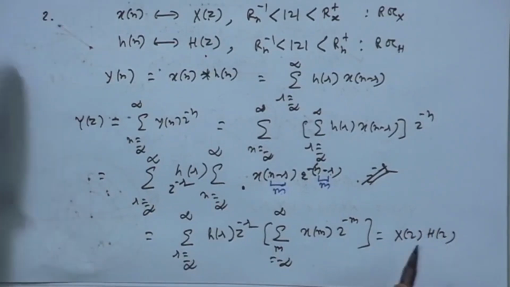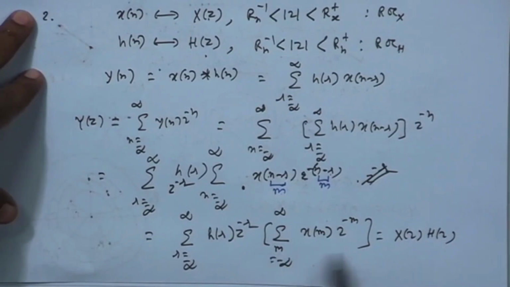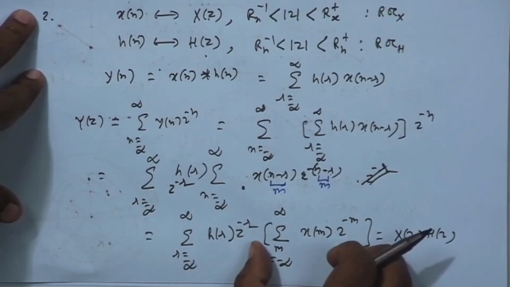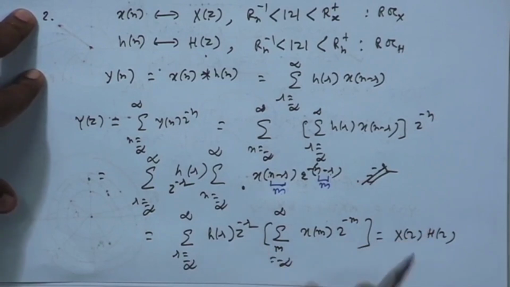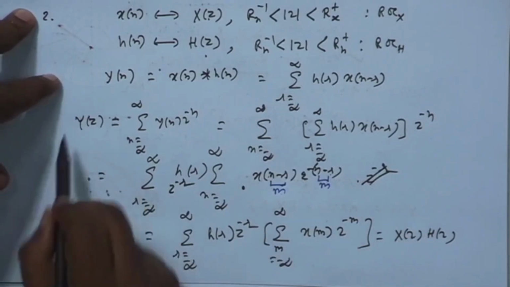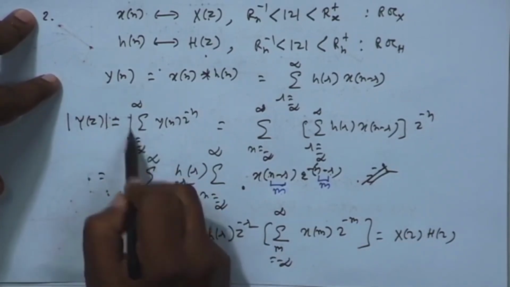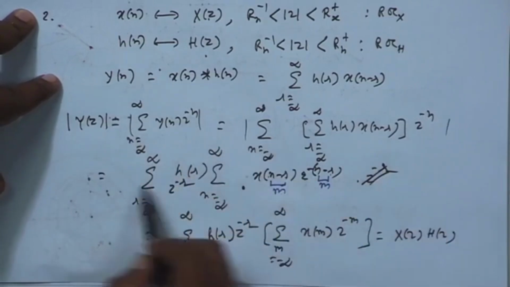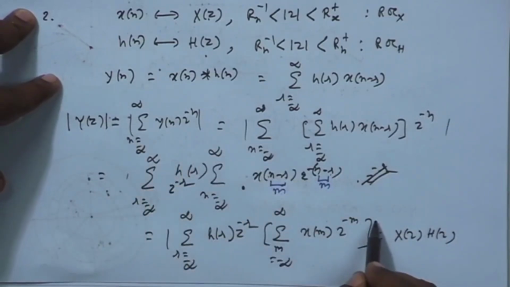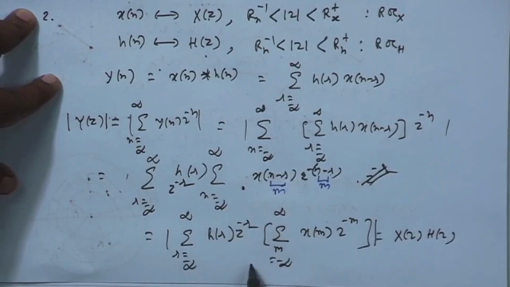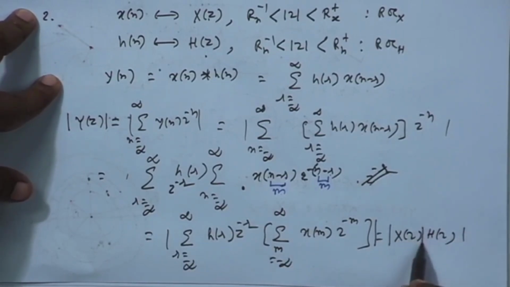But for that, this should exist and this should exist. In fact, if you take mod of this everywhere, mod of a product is the product of mods. So, this should be finite, this should be finite.